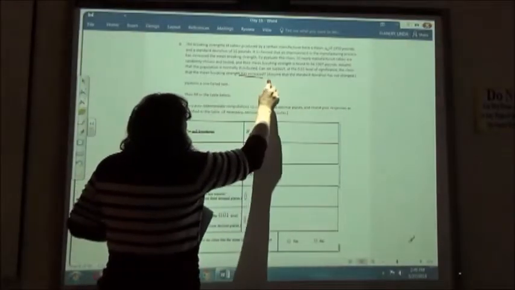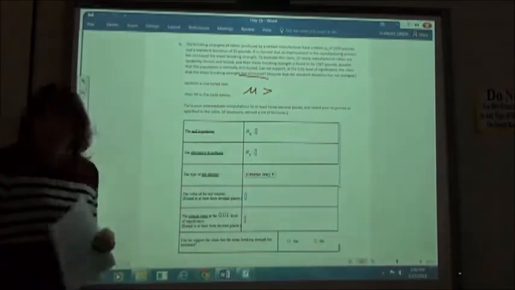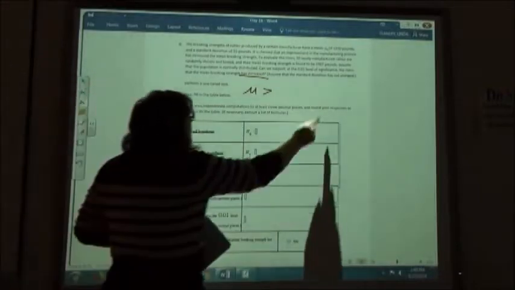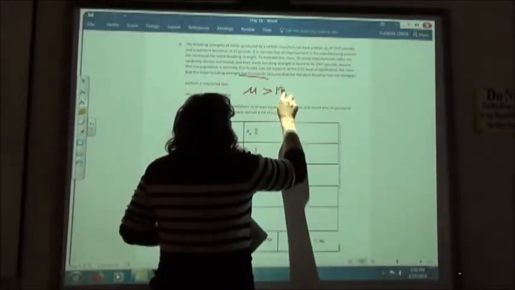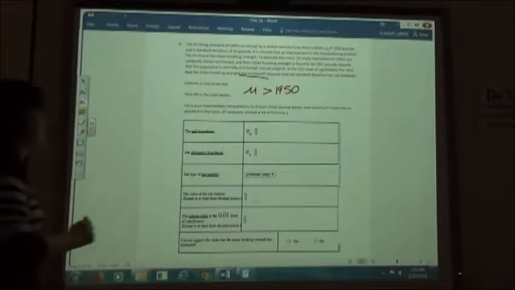So if it is increased, we're going to say that the mean is greater, right? The mean is greater than the given mean of 1,950 pounds. So again, the null always has to have an equal sign in it. That doesn't have the equal sign, so that's my alternate hypothesis.